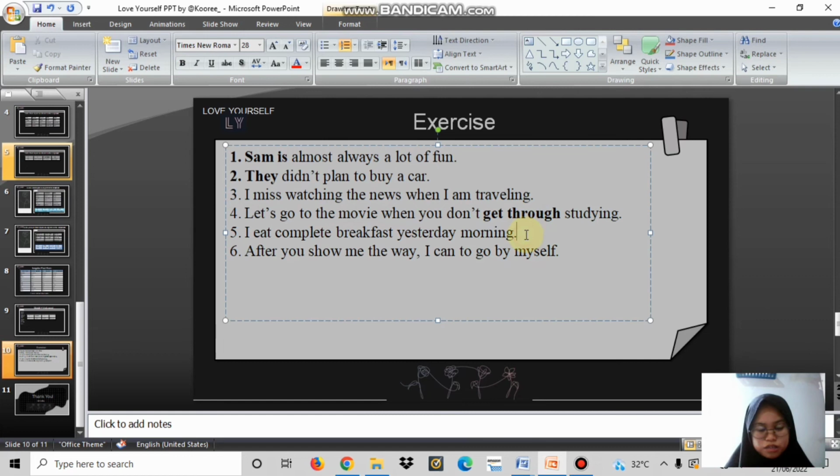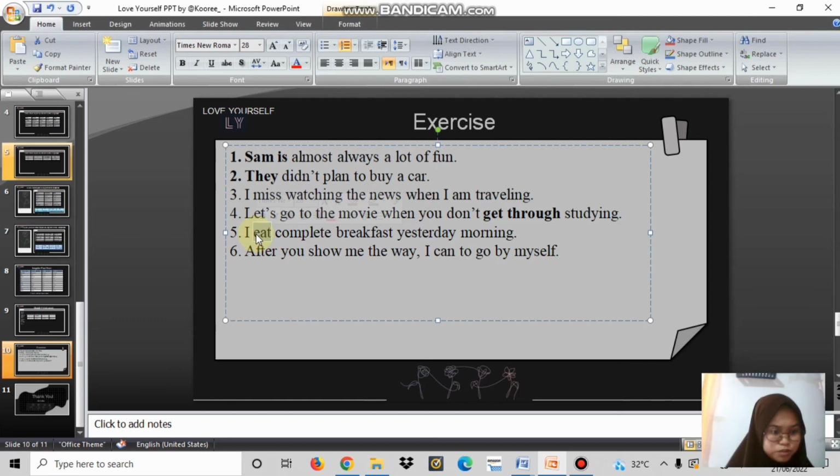Okay, number 5. I ate complete breakfast yesterday morning. In the fifth question, there is an adverb of time, yesterday. So this is the past form. The problem is that the verb uses the present tense, eat.